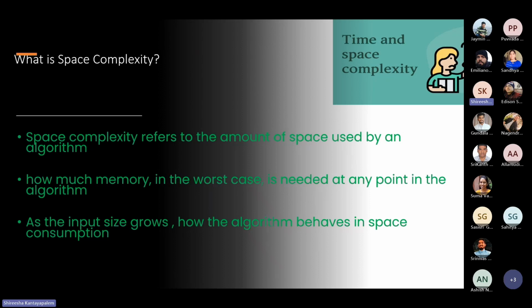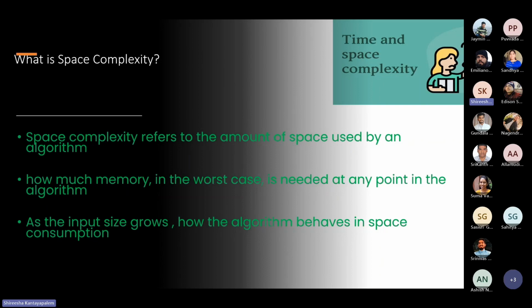So always consider the amount of space that your code is using by variables, arrays or data structures. That is what you have to consider for code optimization. Remember the worst case scenario: in the worst case, how much space it is occupying. Don't think of normal cases taking this much only.